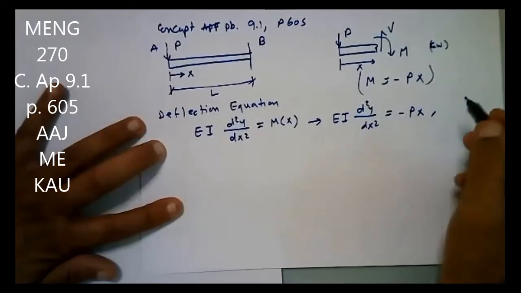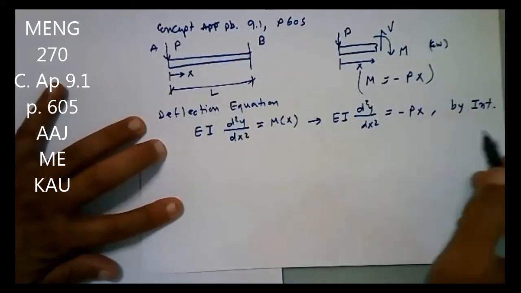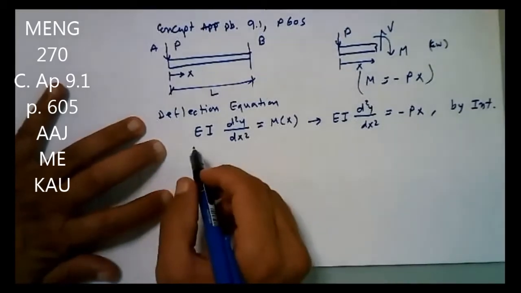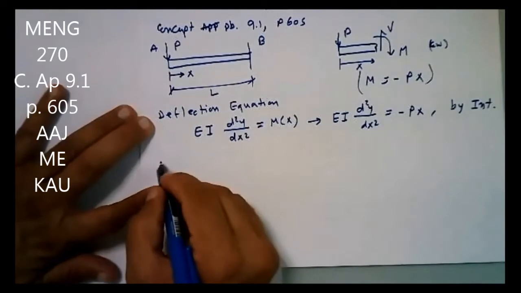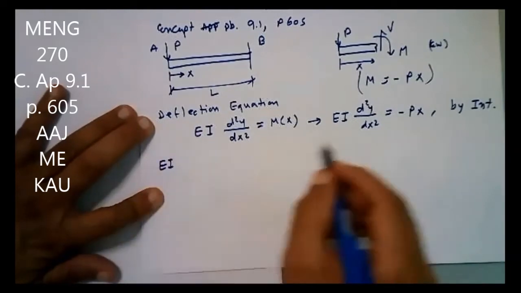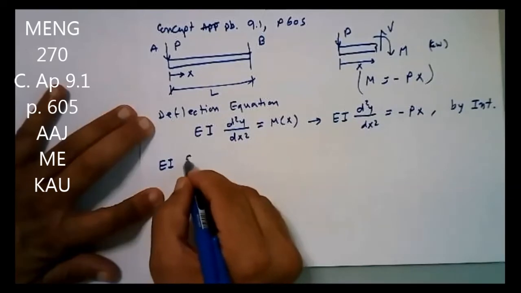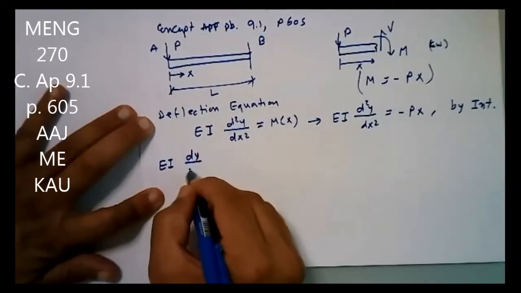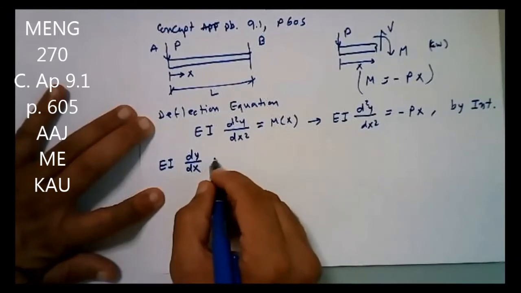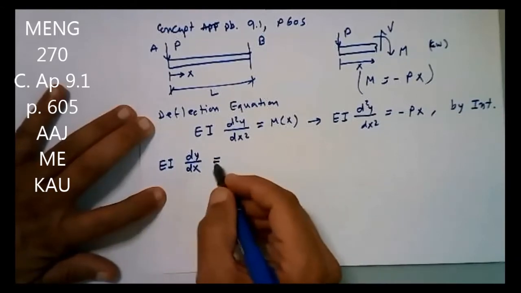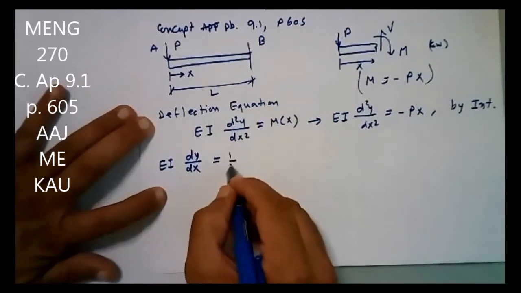Okay. Now let's do some integration. Can someone help me to do the first integration of this equation? Once we do the first integration, this will reduce into EI dy over dx, plus, is equal. Okay, let's do the integration here, guys. What does it equal?